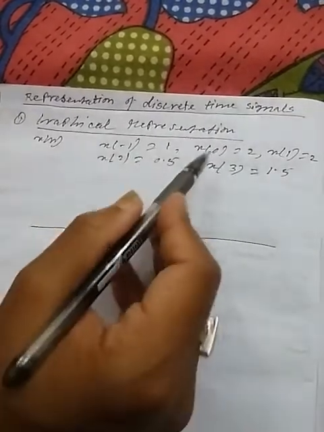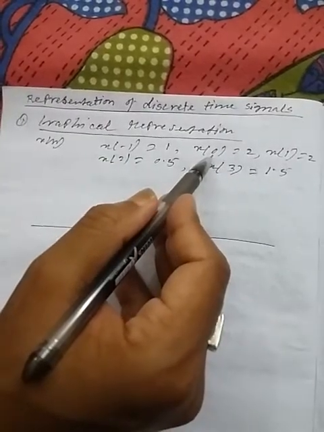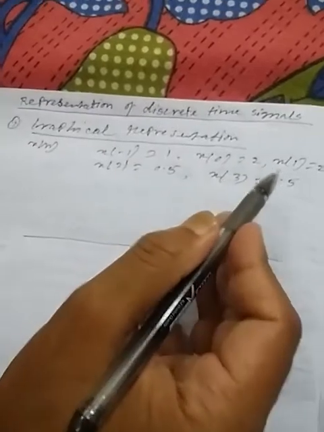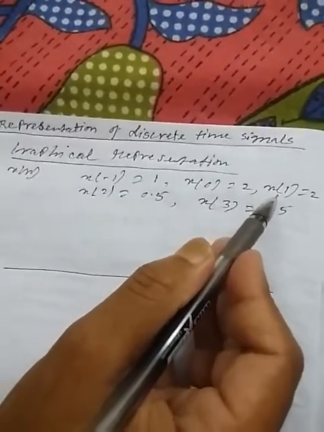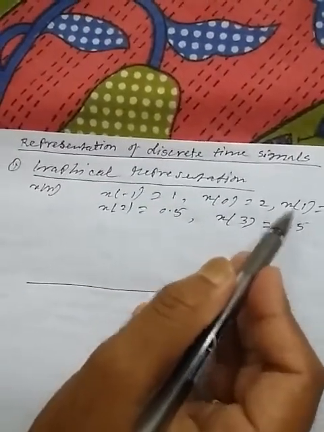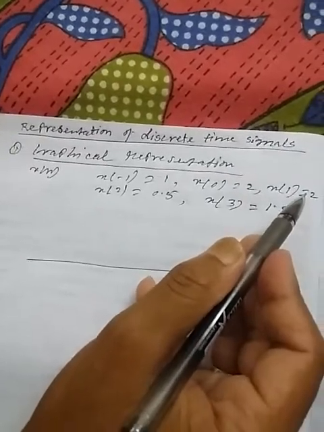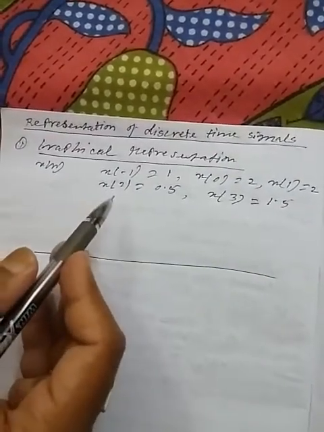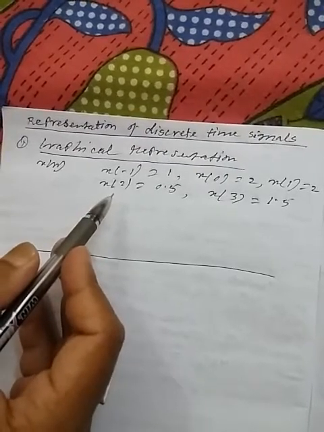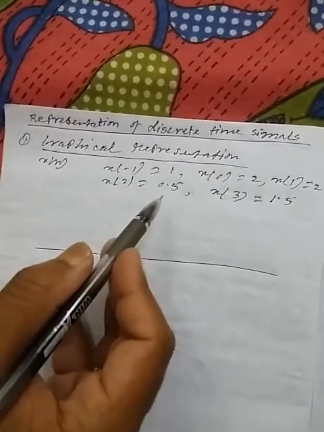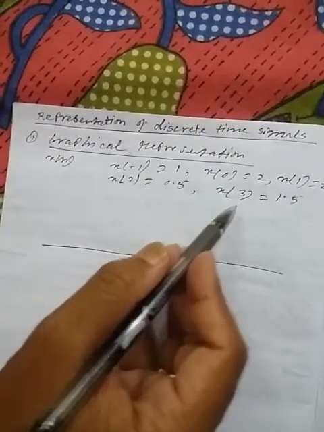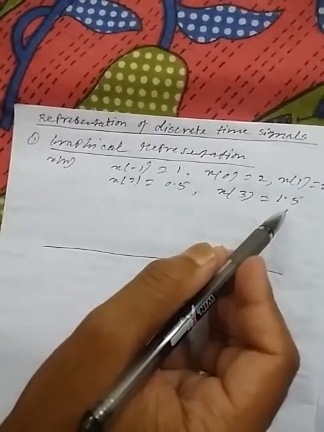When n is 0, then x[n] equals 2. When n is 1, then x[n] equals 2. When n is 2, then x[n] equals 0.5, and when n equals 3, then x[n] equals 1.5.